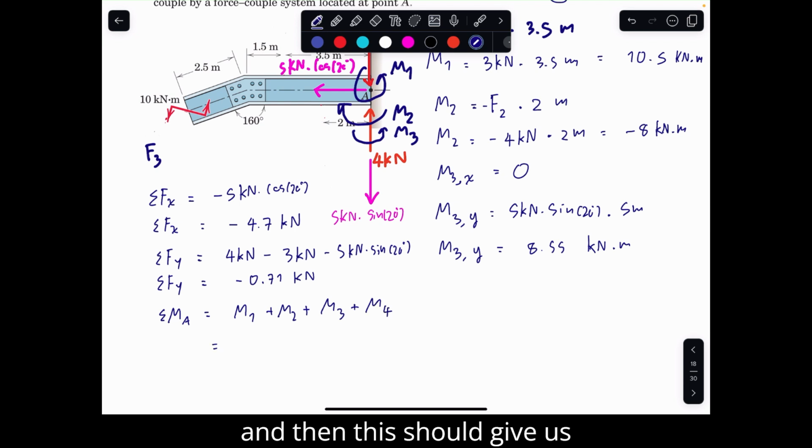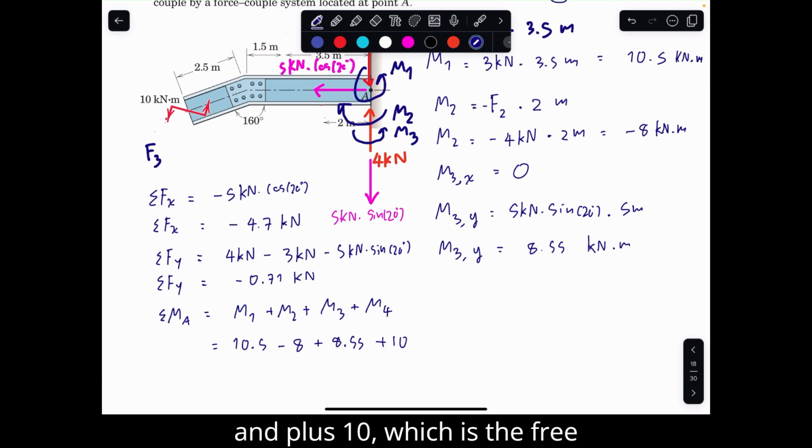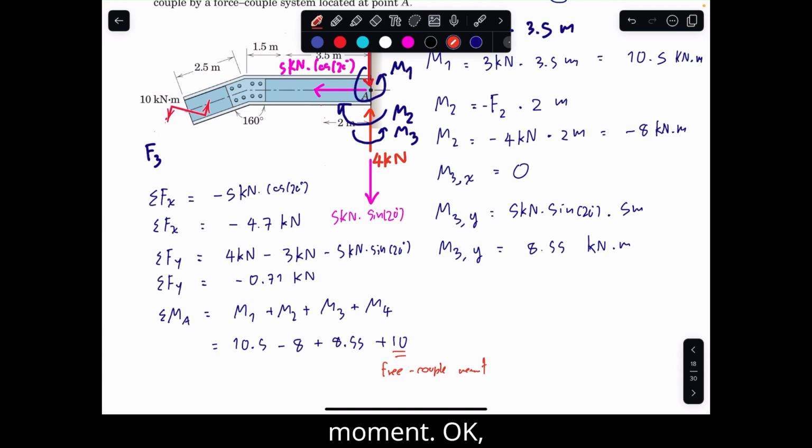The sheet should give us 10.5 minus 8, oh sorry, plus 8.5 and plus 10, which is the free couple moment. Now sigma M A will give us 21.05 kilonewton meter.